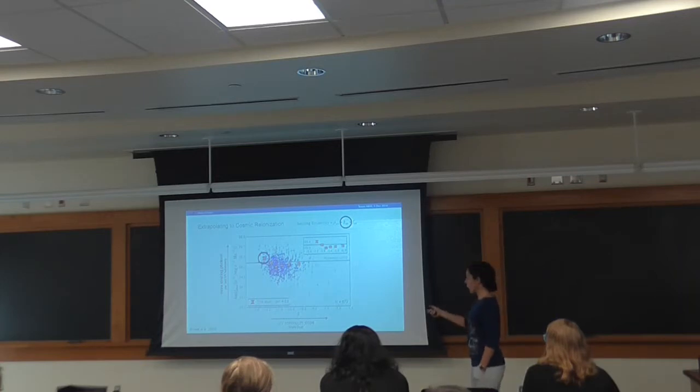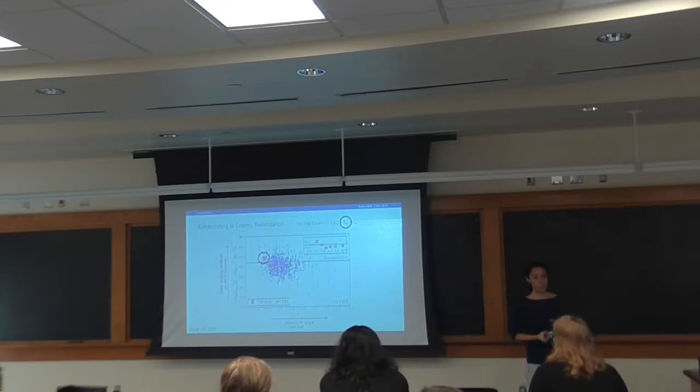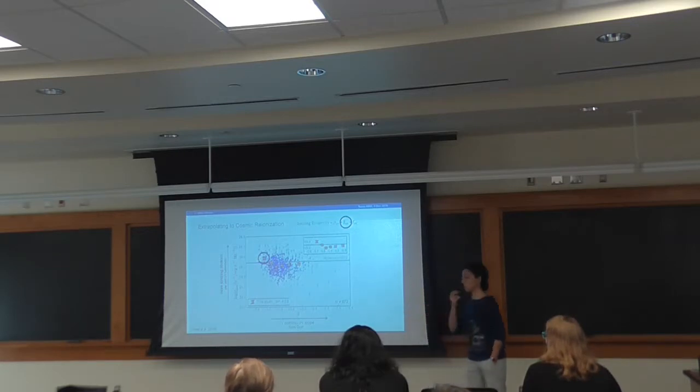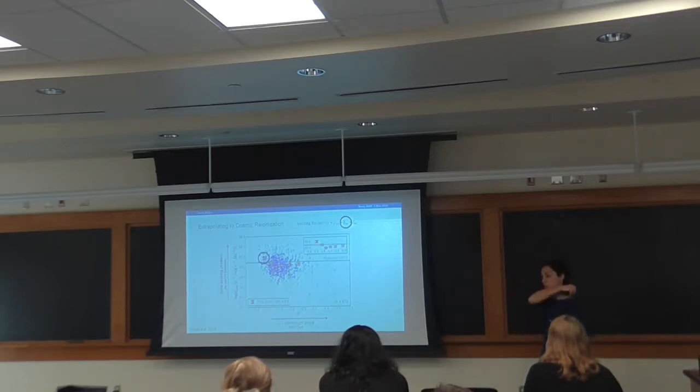As I mentioned before, constraining the value of psi ion for these galaxies tells us about the ionizing emissivity and whether the galaxies were able to reionize the universe or not. So this gray horizontal line here is from Robertson et al. 2013, and it's the nominal value that is used for reionization models.